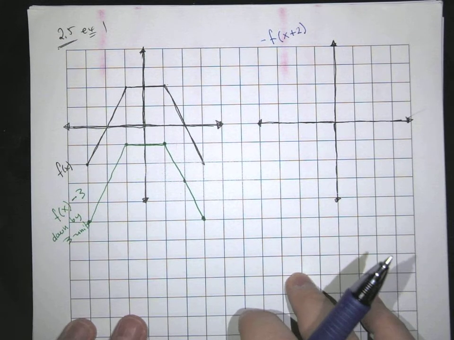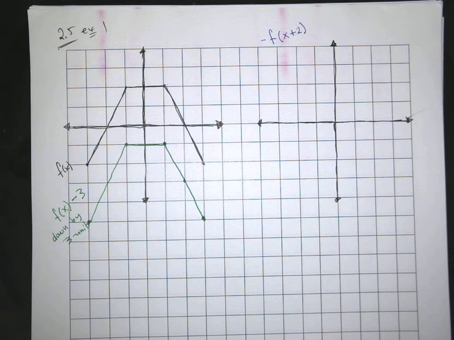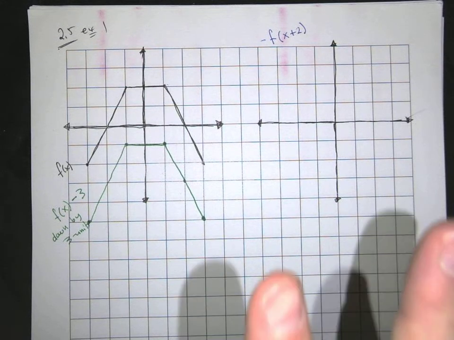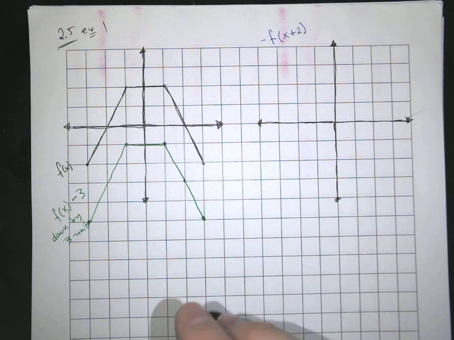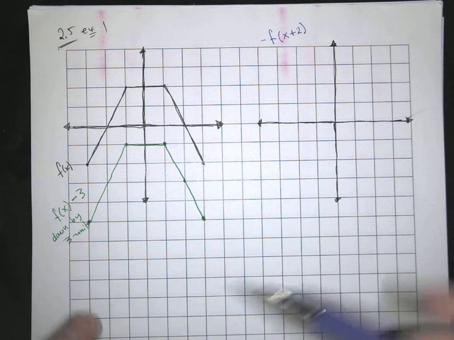So the negative version of f of x plus 2, write the quantity x plus 2 in our parentheses. So there are 2 different things happening. There's the negative out in front.